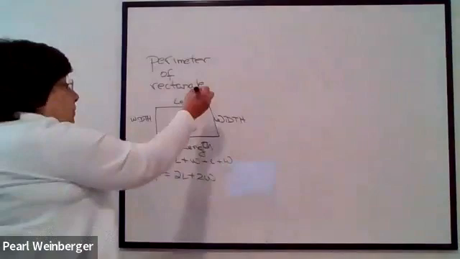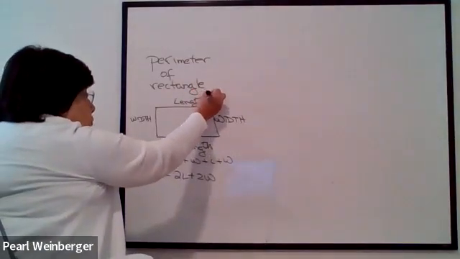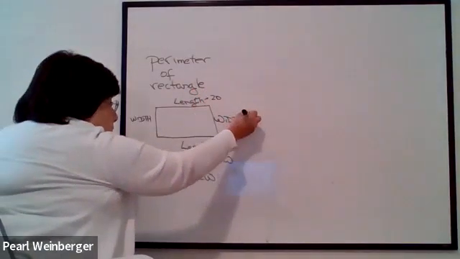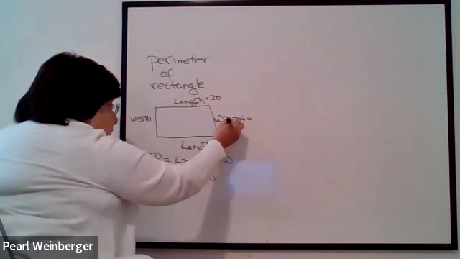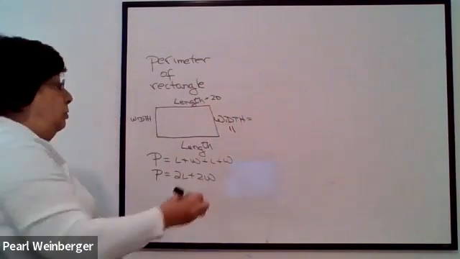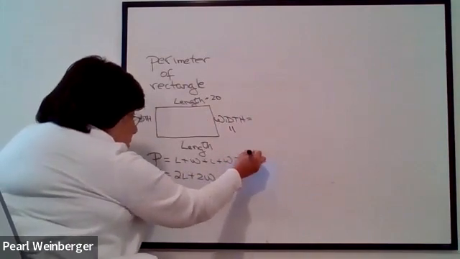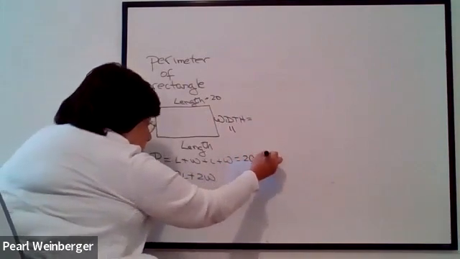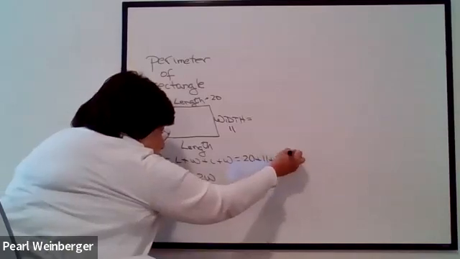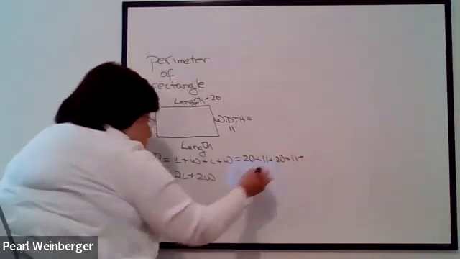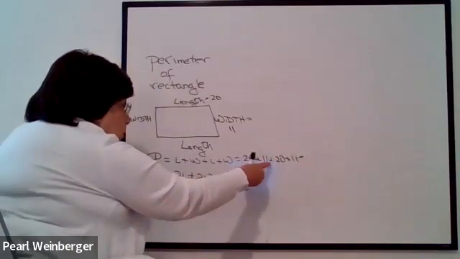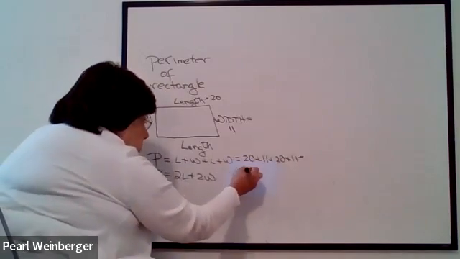In other words, if the length in this case would be 20 and the width was 11, your perimeter would be 20 plus 11 plus 20 plus 11, which is 31 and 32, which gives you 62.